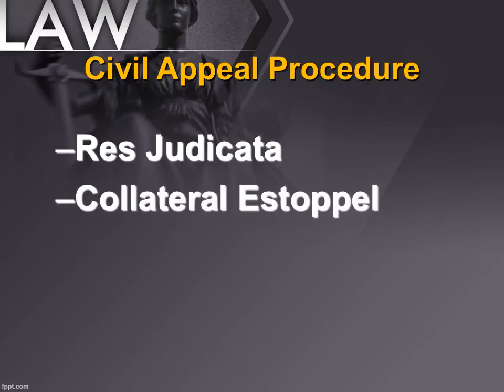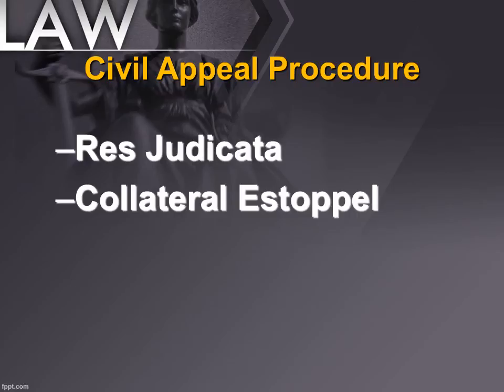The other possible attack on an appeal is known as collateral estoppel, also known as issue preclusion. Remember, we said before, you get attack on facts or law. Res judicata is the attack on the law. Collateral estoppel is attack on the facts.